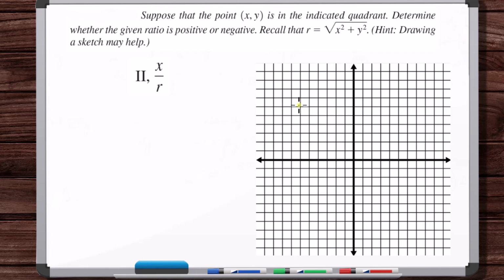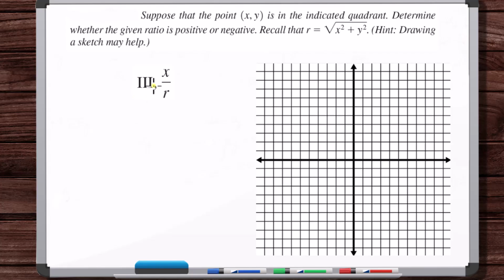A point in quadrant 2: we draw the hypotenuse to a point like that. The x is negative. Again, r is always positive, so negative.